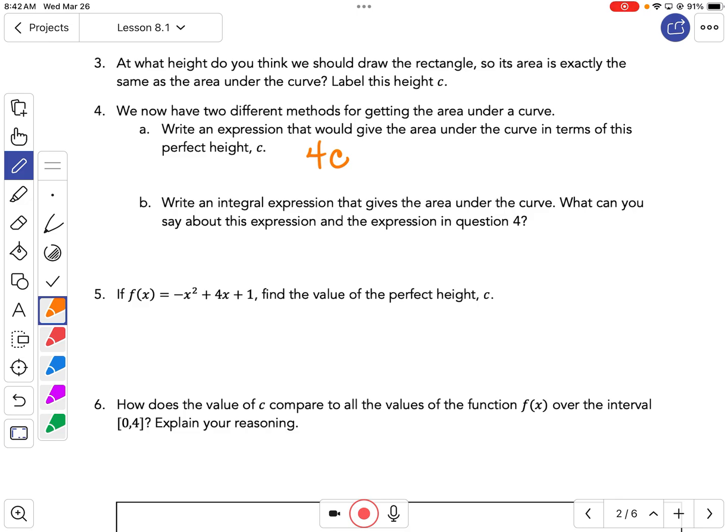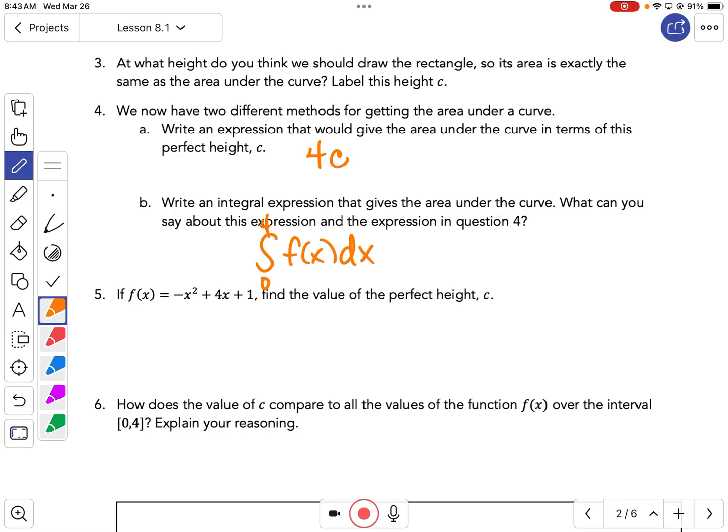All right, so 4C. Now, the next one, it says write an integral expression that gives the area under the curve. All right, let's do that. If we write an integral expression, we're going from 0 to 4 of f of x dx. Okay. What we want to do is we want to figure out what is that perfect height.